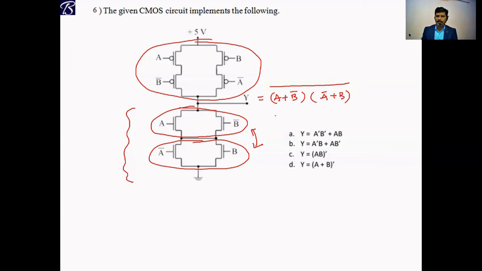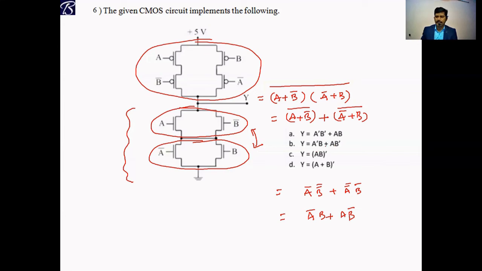Now if you apply De Morgan's theorem, (A plus B bar) whole bar plus (A bar plus B) whole bar, that equals, once again applying De Morgan's theorem, A bar into B double bar plus A double bar into B bar, that equals A bar B plus A B bar.